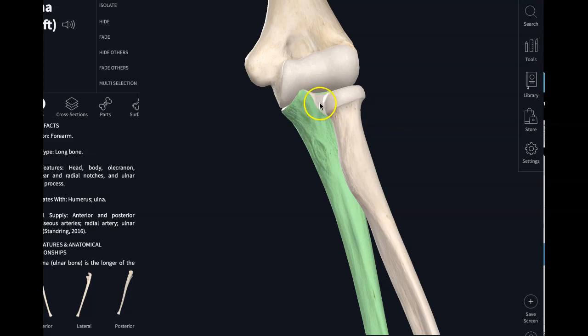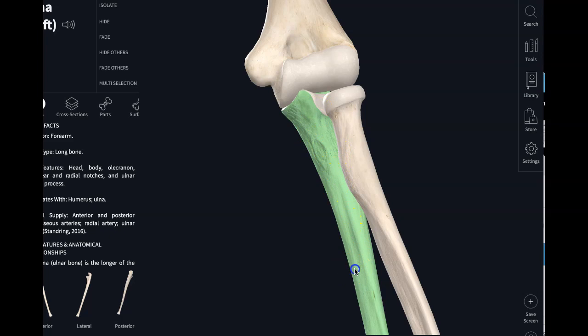So if you need to figure out if it's a right or left bone, always know what part of the ulna is anterior, what part is posterior. Find that radial notch. You know it's always going to be facing laterally. So it's going to be facing the radius, which is the lateral bone. So that's it for the proximal end of the ulna.